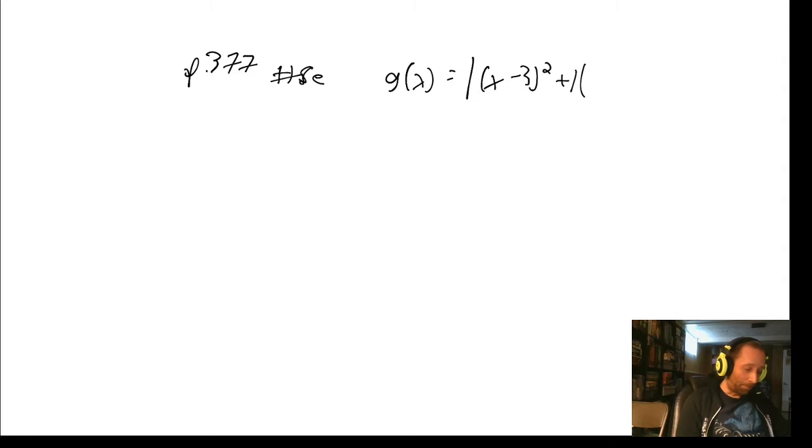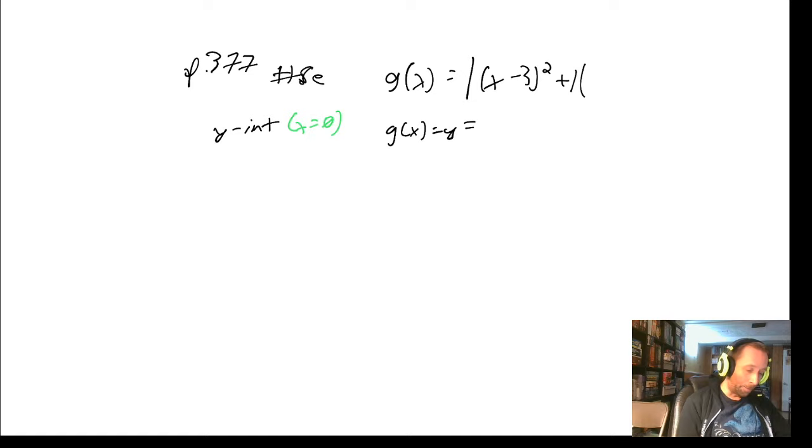Intercepts. Let's start with the y-intercept because that's always easiest. To find the y-intercept, our goal is to make x equal to 0. So we're going to take this function g of x, or if you prefer y, and we're just going to solve it when x is equal to 0.